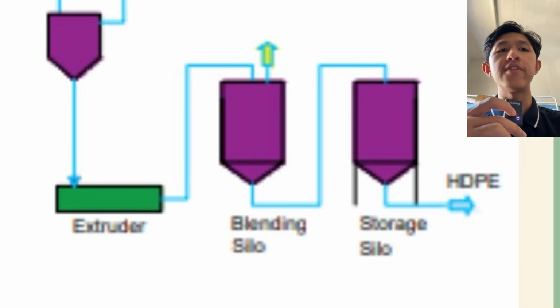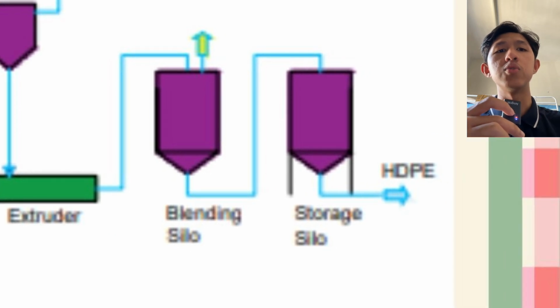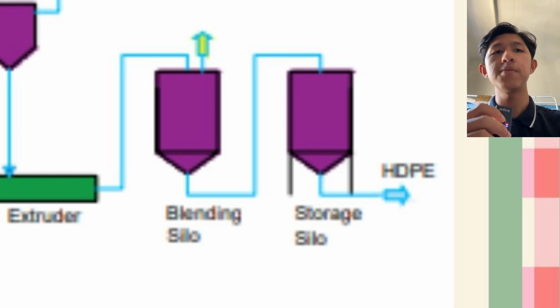And last, we have the storage silo, used to store the polymer pellets after they have been processed and blended. It ensures a continuous supply of material for packaging and distribution while protecting the pellets from contamination and environmental factors.